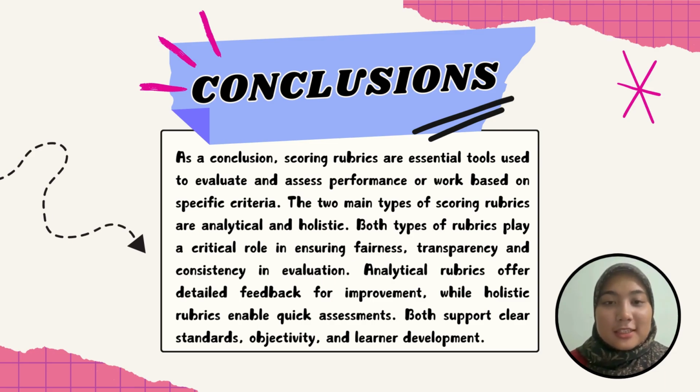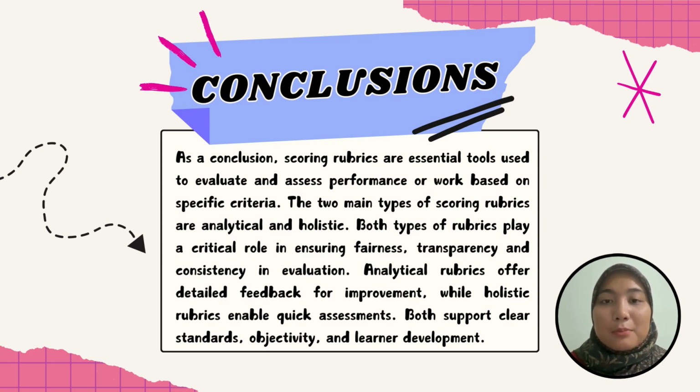As a conclusion, scoring rubrics are essential tools used to evaluate and assess performance or work based on specific criteria. The two main types of scoring rubrics are analytical and holistic. Both types of rubrics play a critical role in ensuring fairness, transparency, and consistency in evaluation.